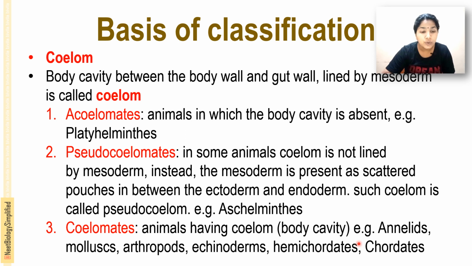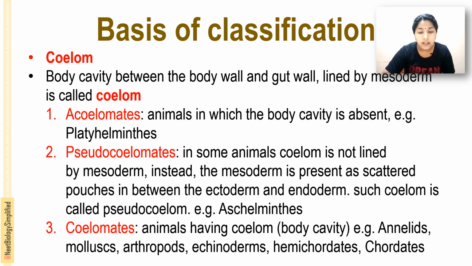Next is pseudocoelomate. In the case of pseudocoelomates, in some animals the coelom is not lined by the mesoderm. That is, coelom is usually lined by the mesoderm, but in the case of pseudocoelomates, some animals do not have the mesoderm that lines the body cavity.